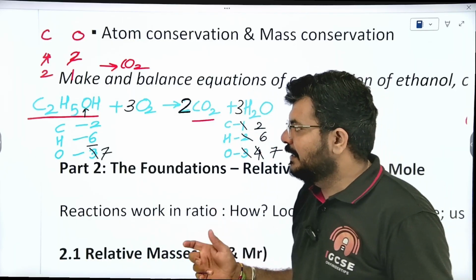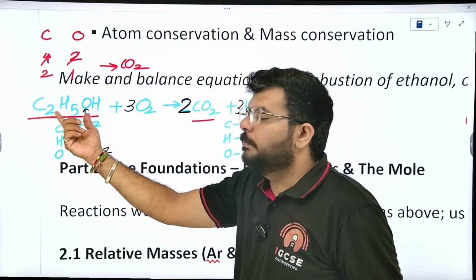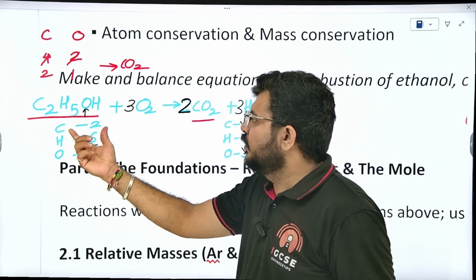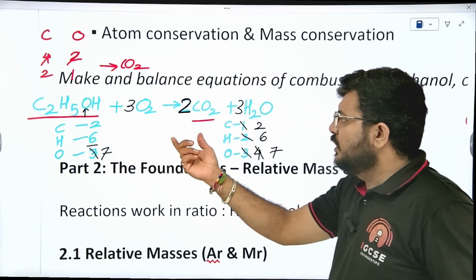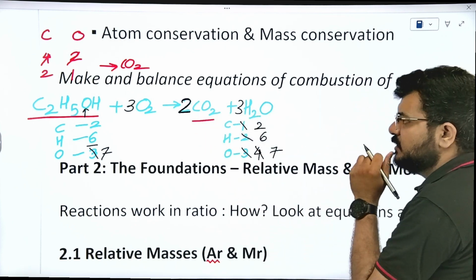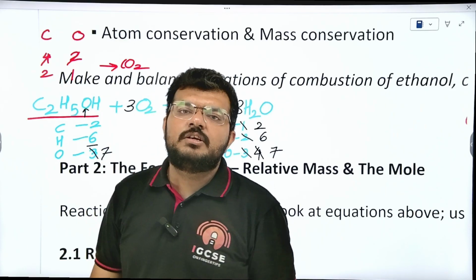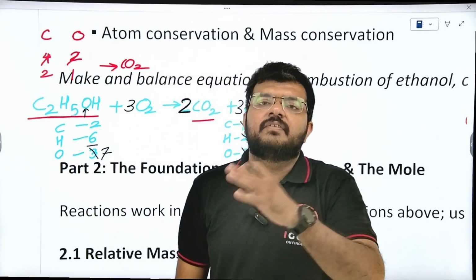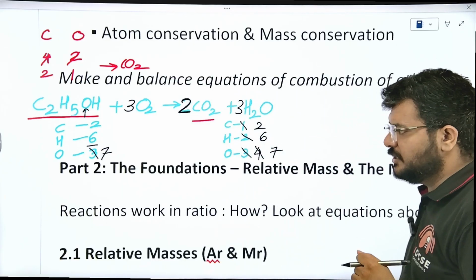Okay, I'll repeat this again using a different word. One part of ethanol requires 3 parts of oxygen to produce 2 parts of carbon dioxide and 3 parts of water.